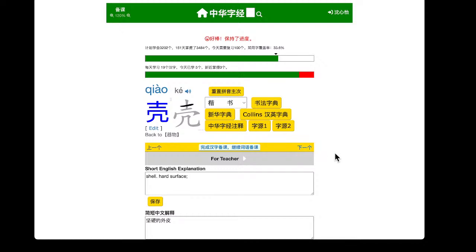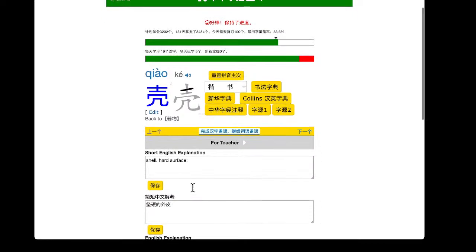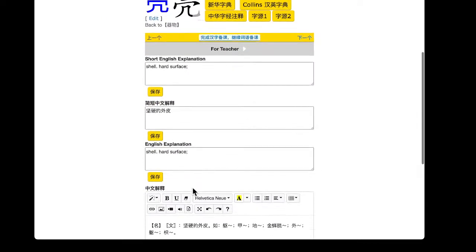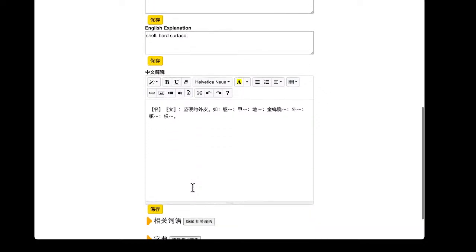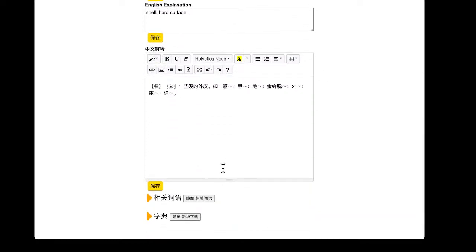Chao is a second pronunciation of this character. Now, when you say Chao, it also means shell and hard surface. Basically the concept is the same kind of meaning, but by convention it's pronounced differently in different cases.